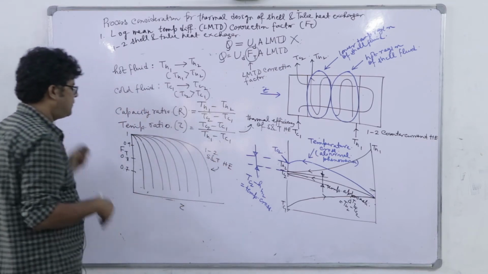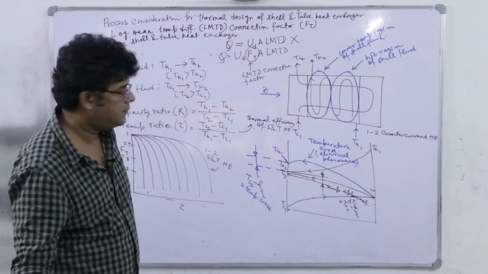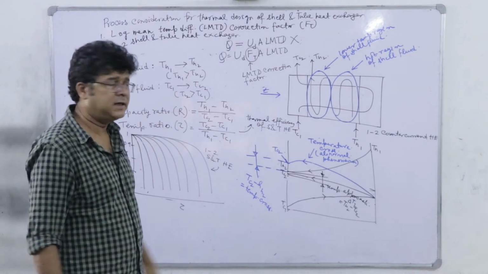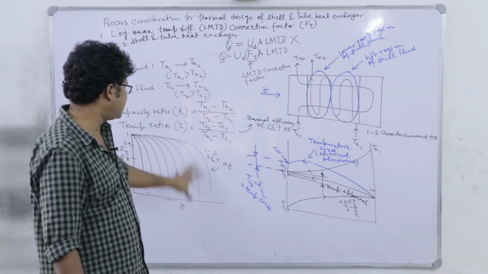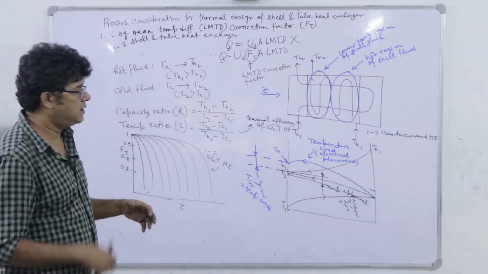If I change the arrangement to 2-4, the values and pattern will be different. Overall the graph pattern will be conserved, but the individual values of Ft will change.